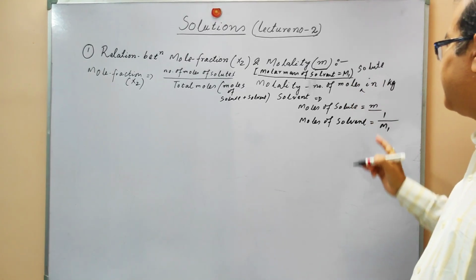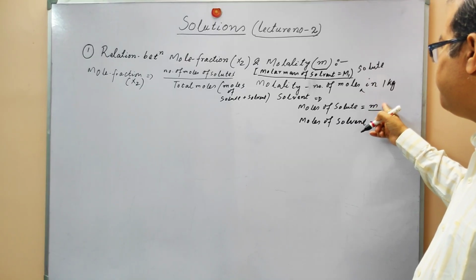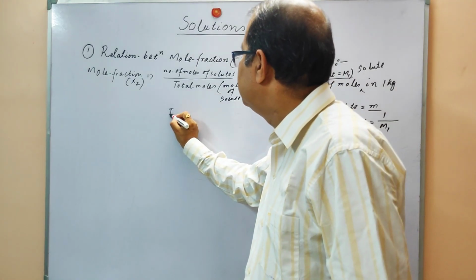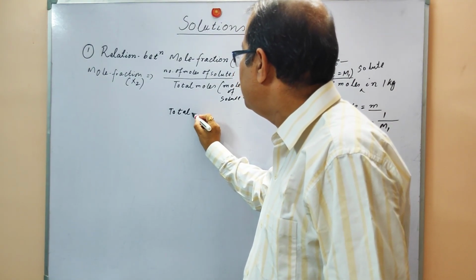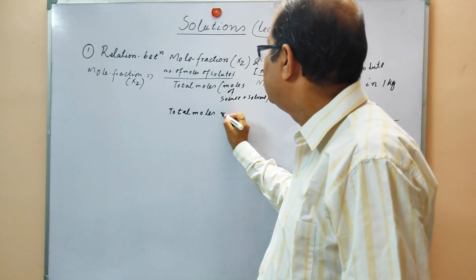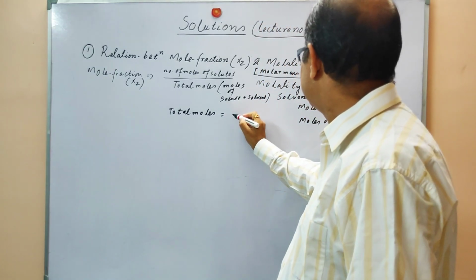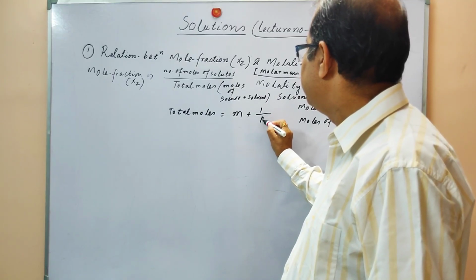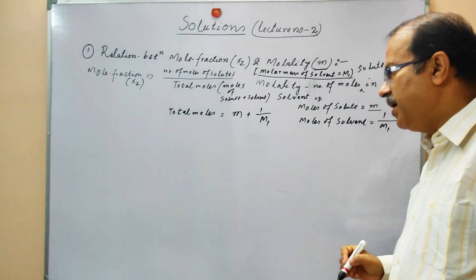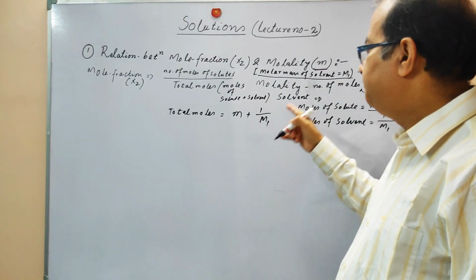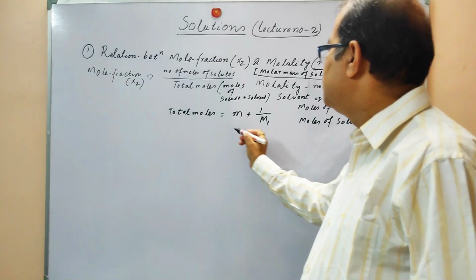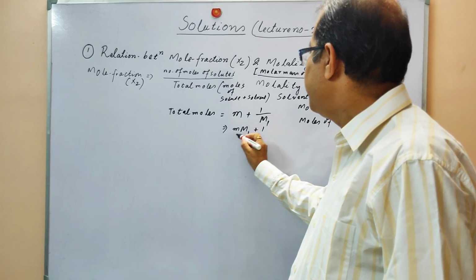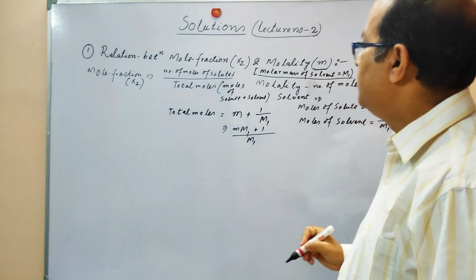We get moles of the solute as small m and moles of the solvent as 1 by M1. So total moles is small m plus 1 by M1.